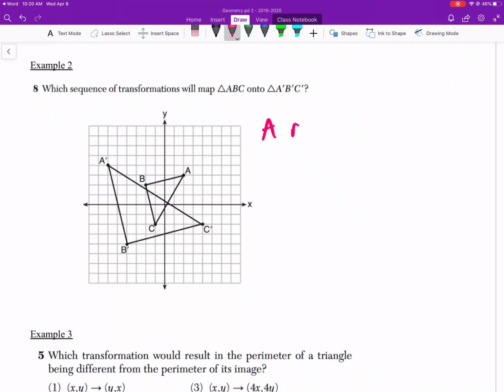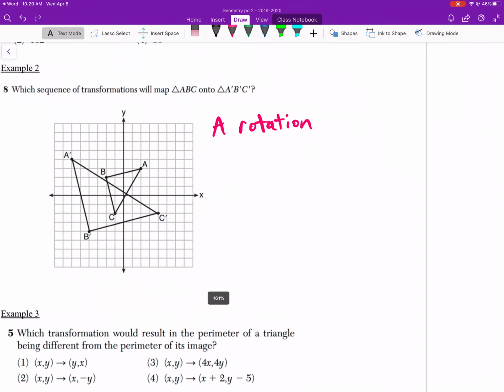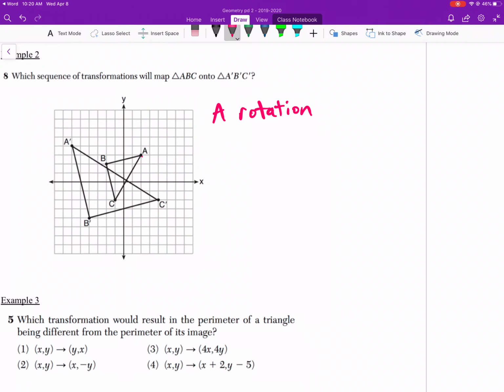So it's a rotation. Let's think about what we have to say for a rotation. We have to say what direction. How would I get from A to A prime, for example? What direction is that? That is counterclockwise. How many degrees? We can check that. Typically, the center is the origin, this point here.